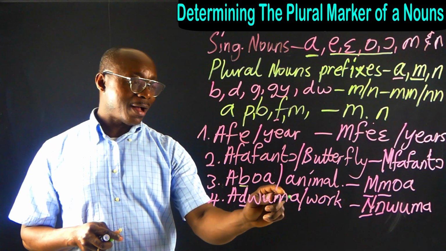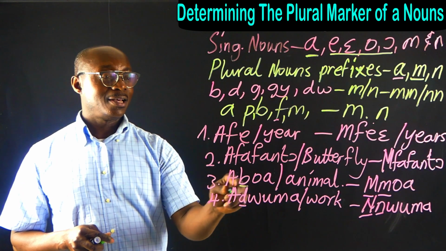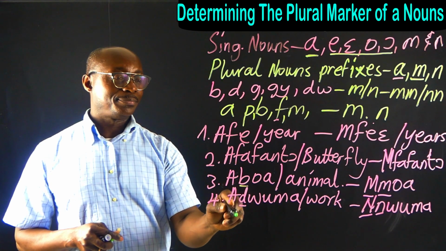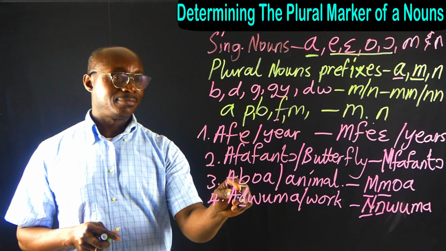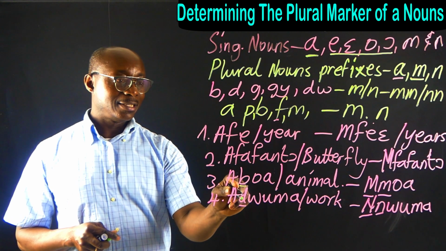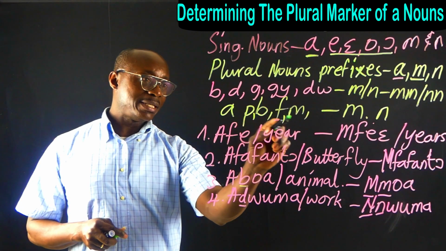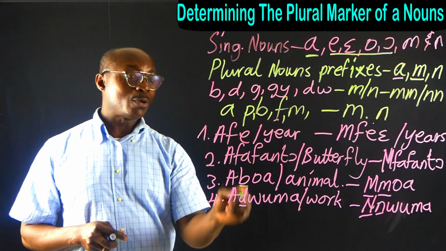Now let's come here. We have adwuma. And as we know, if the singular noun has a prefix A and followed by this consonant D, D is not in this group. So it means that we should prefix the plural noun with what?